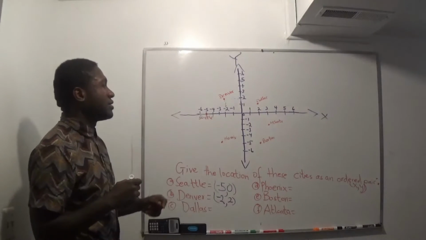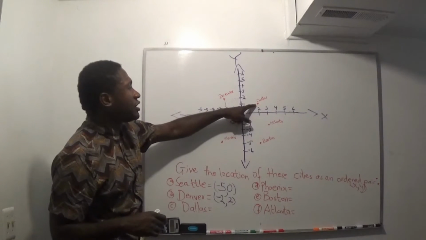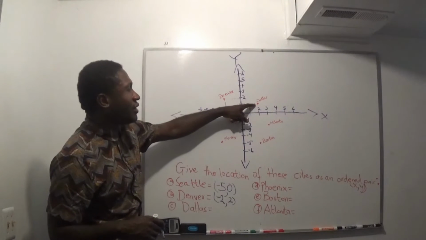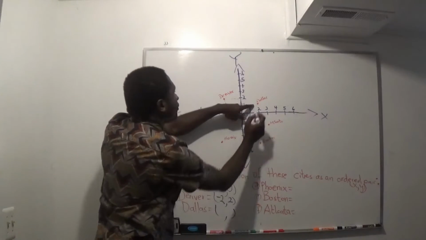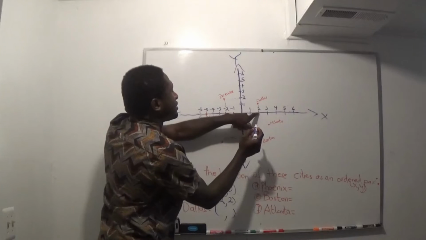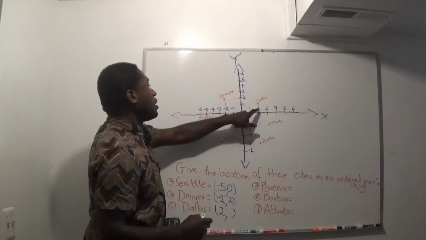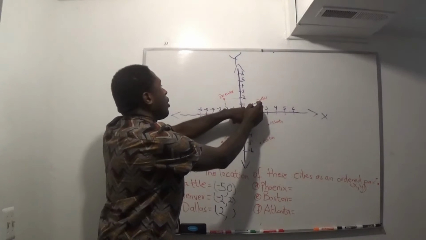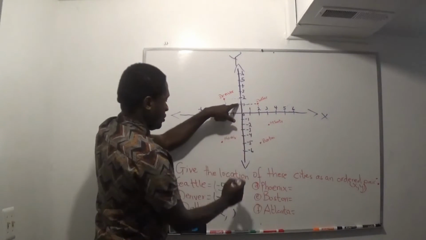What about Dallas? Where is Dallas? This is Dallas right here. So for this point, what is your X and Y? Again, when you come down here, your X is this line, so your X is 2. And at this point again, your Y is 1.